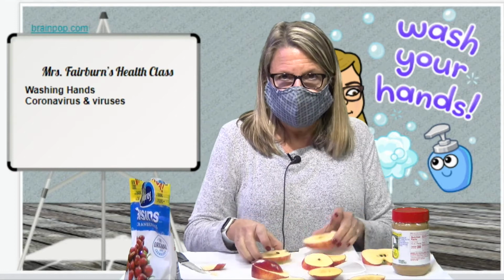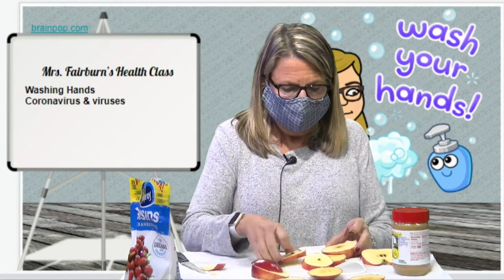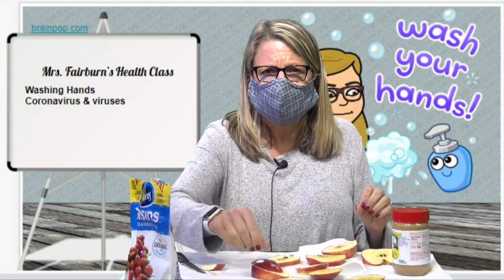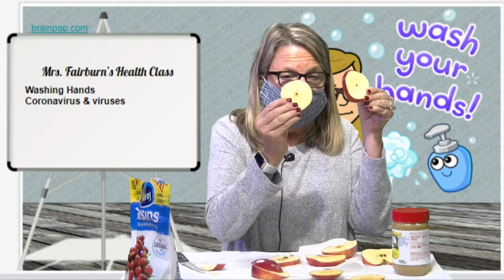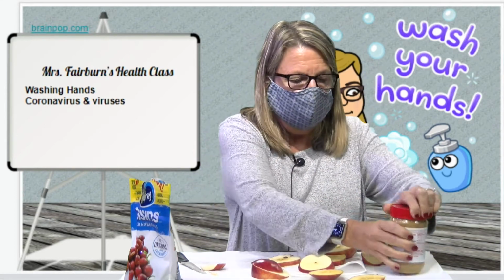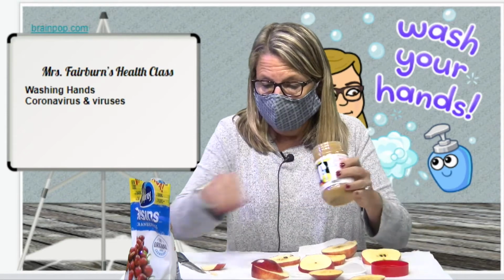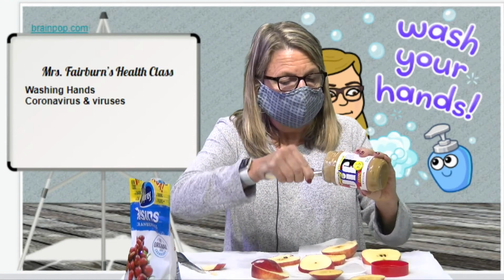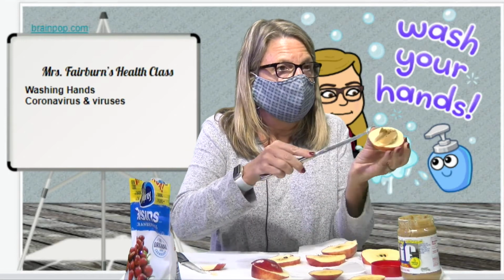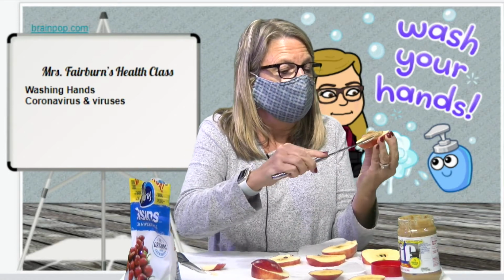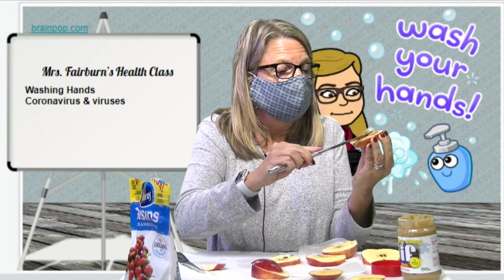The first healthy snack I took was an apple, and I cut it up. There's a few things we can do with the apple. I cut it up like this, all right? I brought a little jar of peanut butter, and I'm going to spread the peanut butter onto the apple, like this.